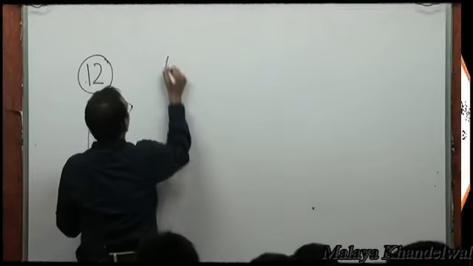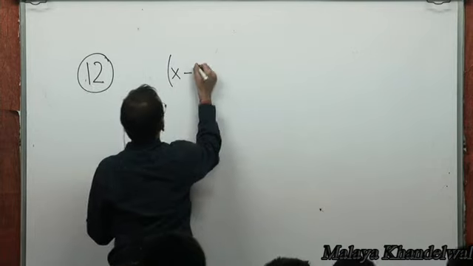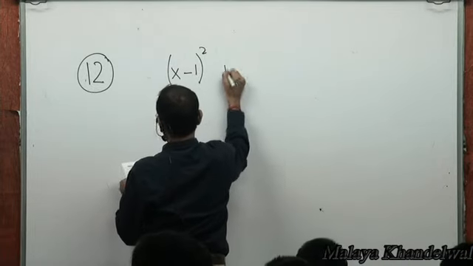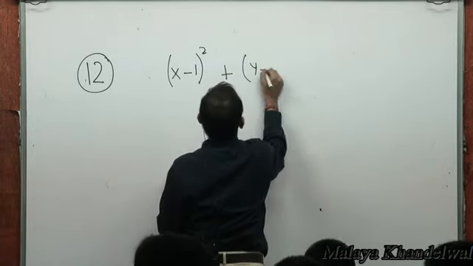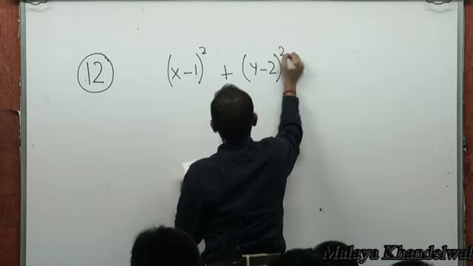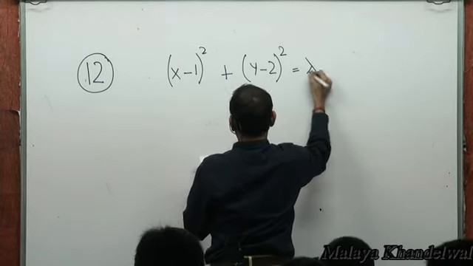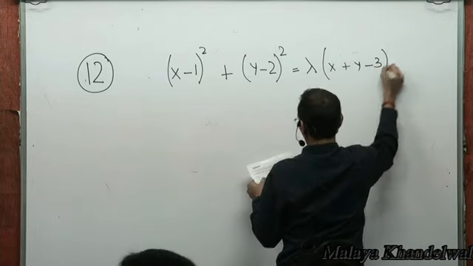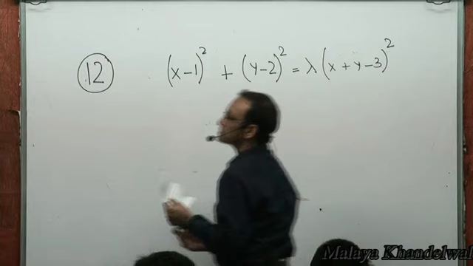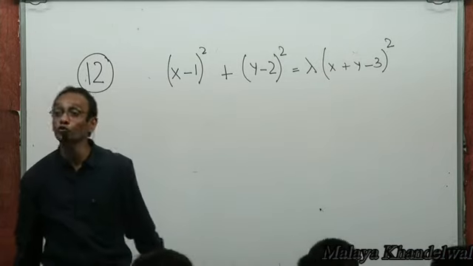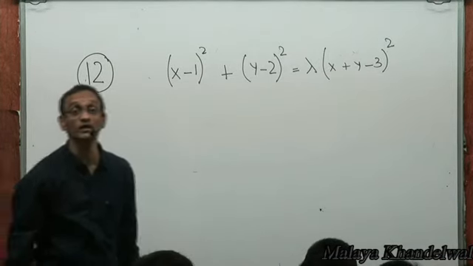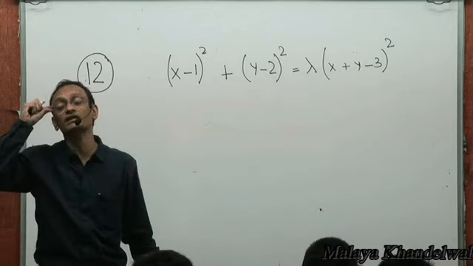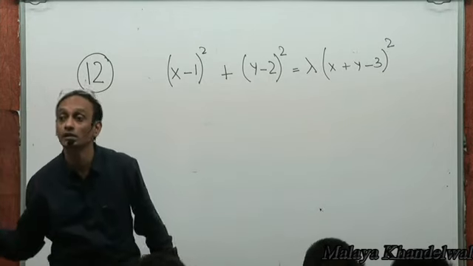Now, this equation: x minus 1 whole squared plus y minus 2 whole squared equals lambda into x plus y minus 3 whole squared. It is known to represent a parabola. Different lambdas will give different conics, but we are seeking the value of lambda so that it represents a parabola.